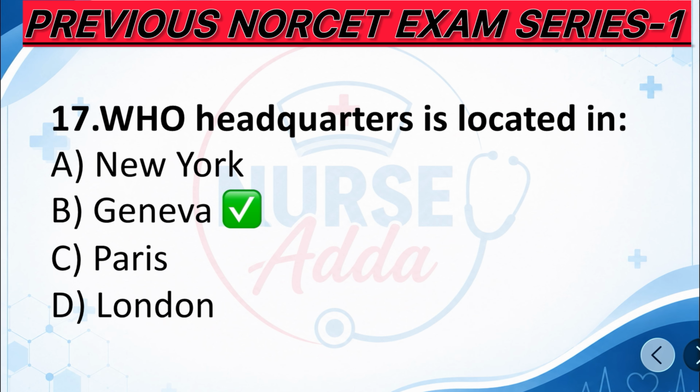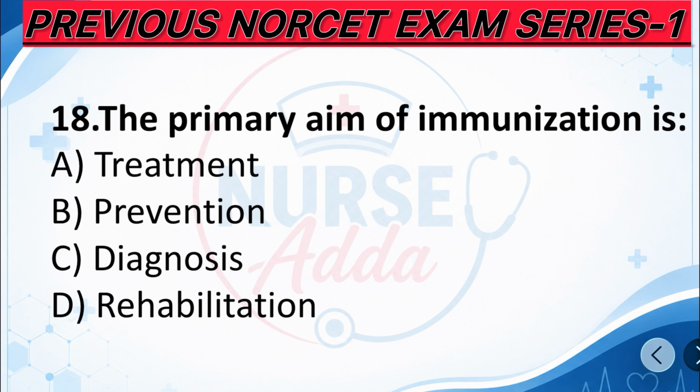The right answer is Geneva. The primary aim of immunization is treatment, prevention, diagnosis, or rehabilitation. The right answer is prevention.